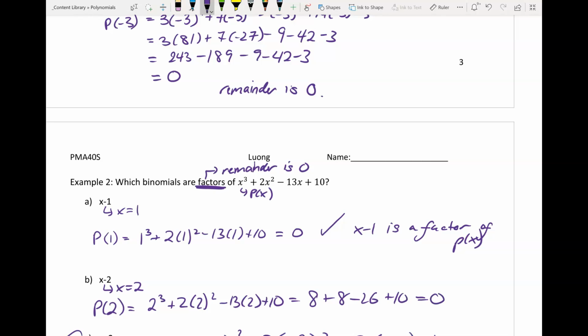This again is 0. So that means x minus 2 is a factor. So do the same sort of thing for C and D. If you get a remainder of 0, you know it's a factor. If you don't get a remainder of 0, if you get any other number, that means it is not a factor. So go ahead and try that, and when you are ready, press play for the solution.